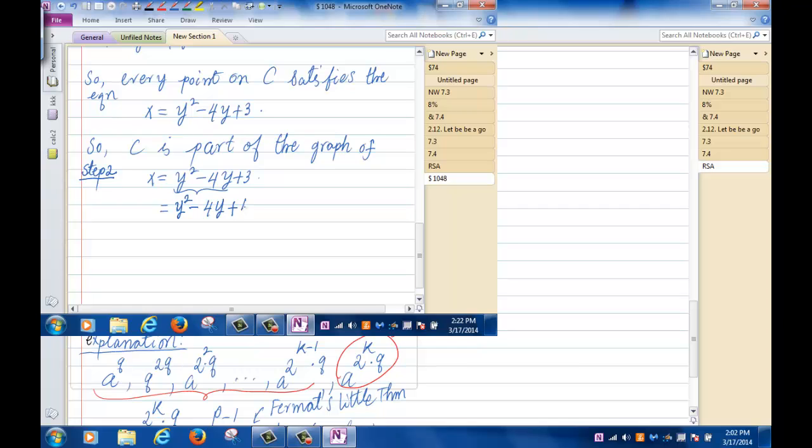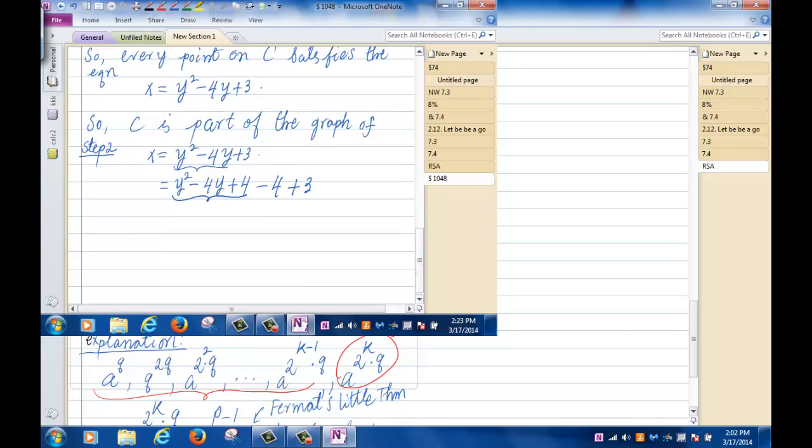So you're going to have to add a 4. But since you didn't have 4, you better get rid of that as well. And there was a 3 before as well. So now, with this trick, the first 3 terms can be factored as y minus 2 times y minus 2, if you FOIL. So y minus 2 squared is what you get, and here you're getting minus 1.